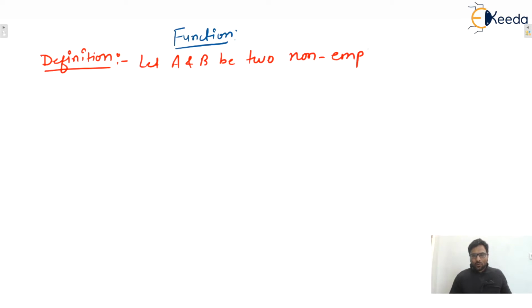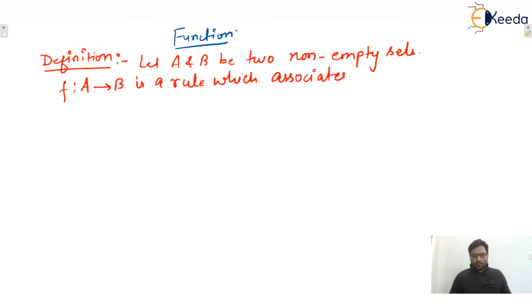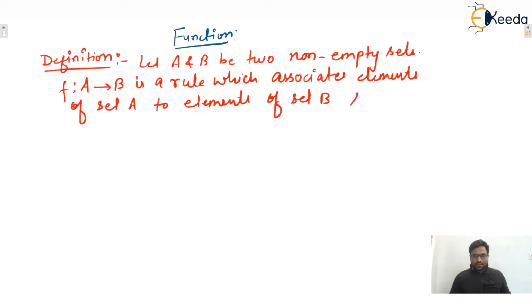Then a function f from set A to set B, that is the representation, is a rule which associates elements of set A to elements of set B, such that two conditions are given. These conditions are required.